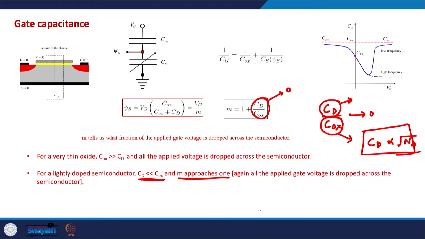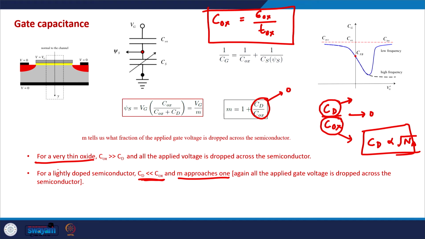The second way is by taking a very thin oxide. If you recall the formula of Cox, Cox is epsilon ox divided by Tox. This is the oxide capacitance per unit area, and if Tox is extremely small, Cox becomes larger, and Cd by Cox becomes smaller.